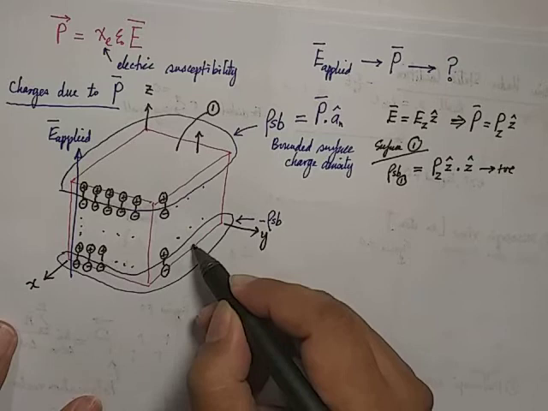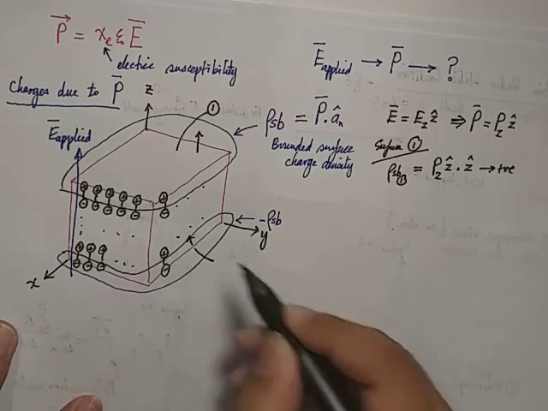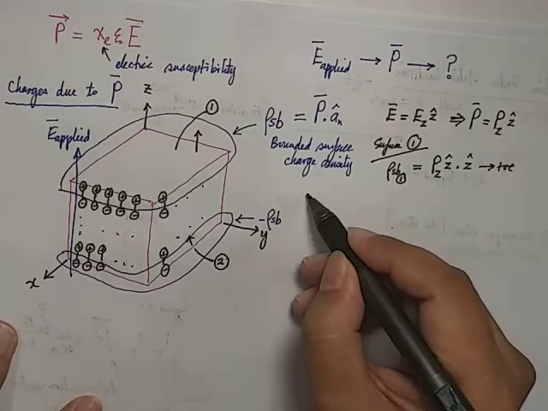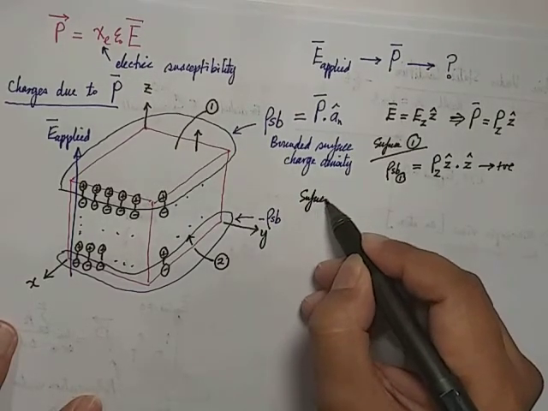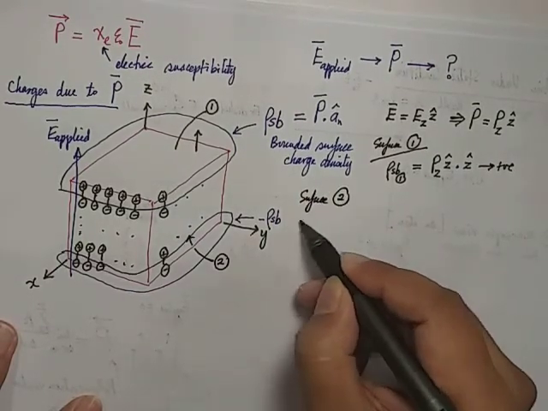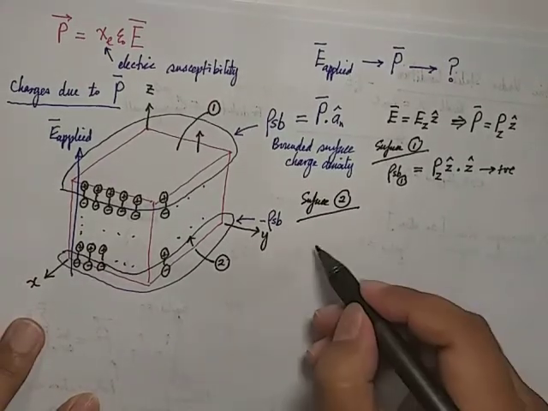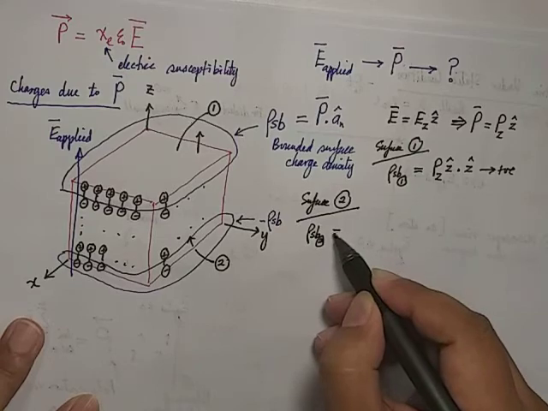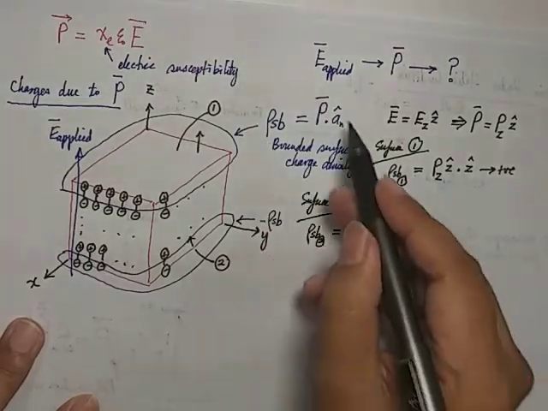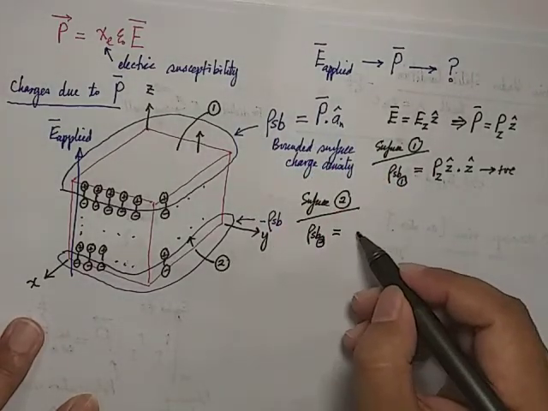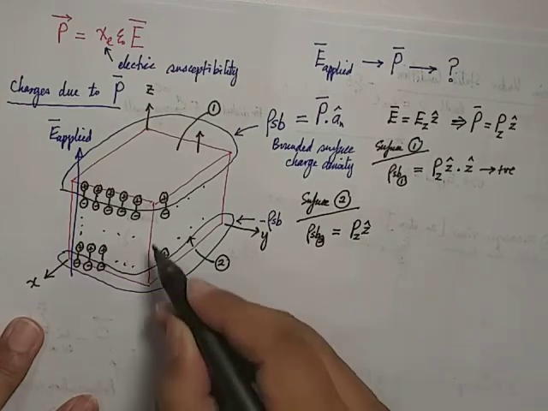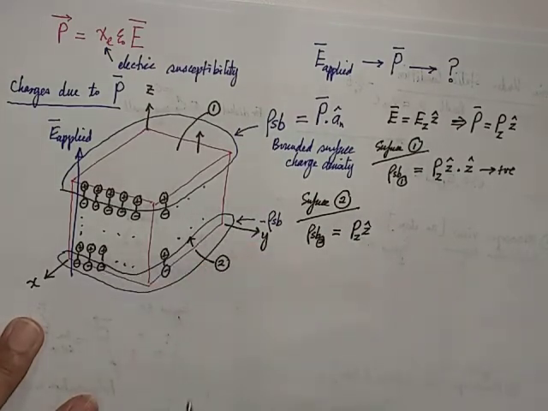So let's take another area for the sake of discussion. Let's say the surface at the bottom, we're going to denote as surface number 2. For surface number 2, rho SB2 should be equal to the same formula that I'm going to use here. So P should still be P_z in the z direction. That's the P that exists in this dielectric.